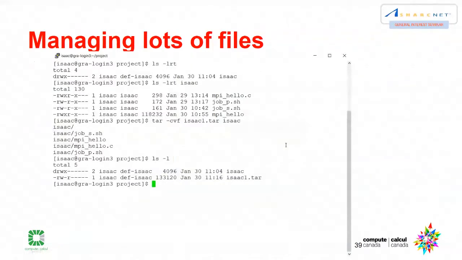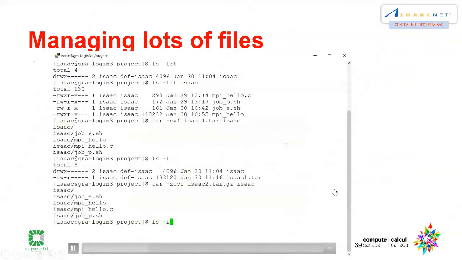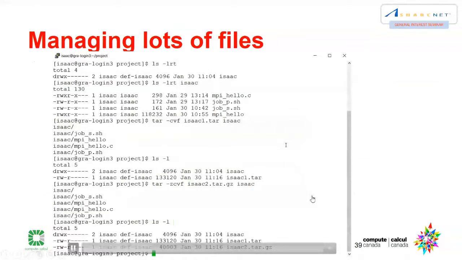I now have those 2 files. Sometimes you can generate a tar file directly as a compressed file. As you see here, isaac2.tar.gz is a compressed version of the tar file. The first file, isaac1.tar, has a size of 133,120 bytes, but the compressed file isaac2.tar.gz has a much smaller volume size.